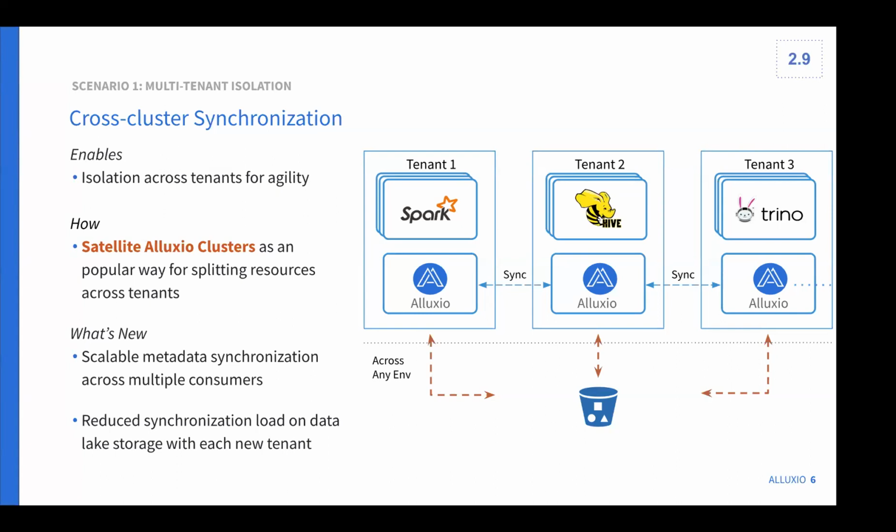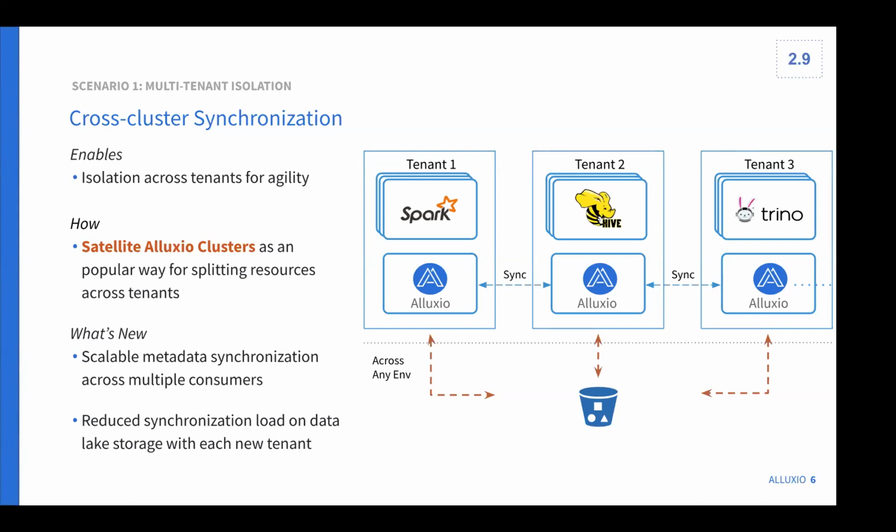For example, if one team is responsible for an operational cluster, but I have multiple analytics consumers, the analytics consumption may interfere with the operational workloads as well. So one way to isolate tenants from each other is to have what we call satellite Alluxio clusters, each tenant having their own instance of Alluxio, which is a logical cluster, and it isolates tenants from each other.